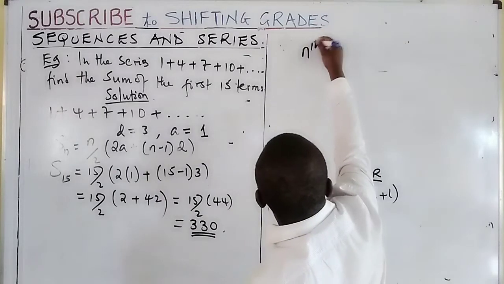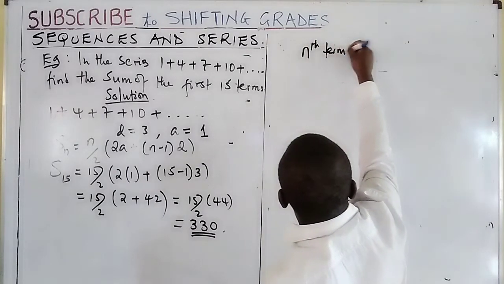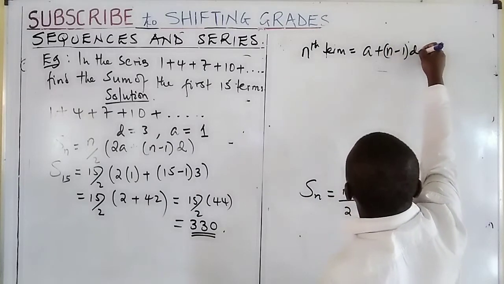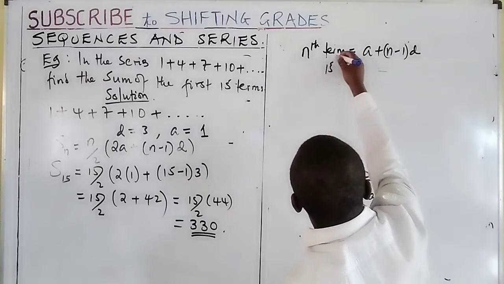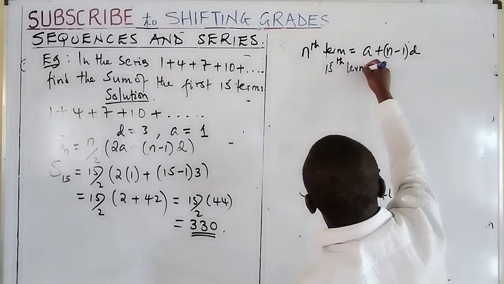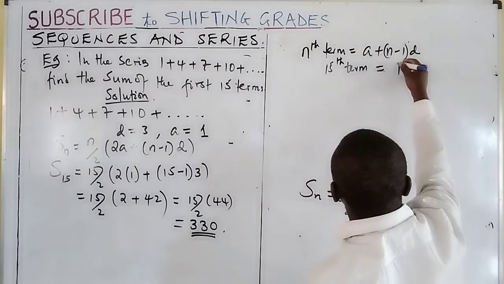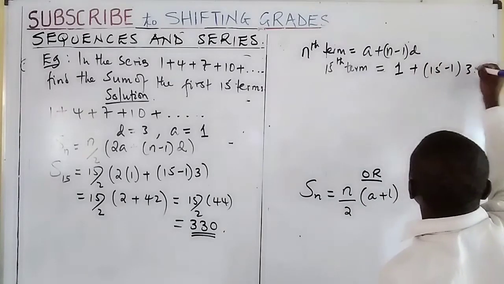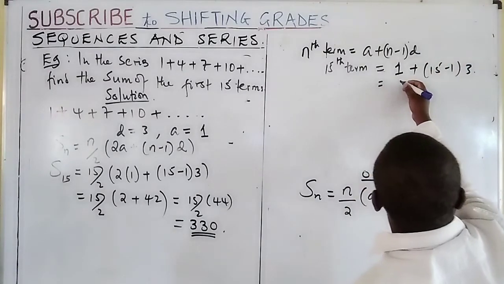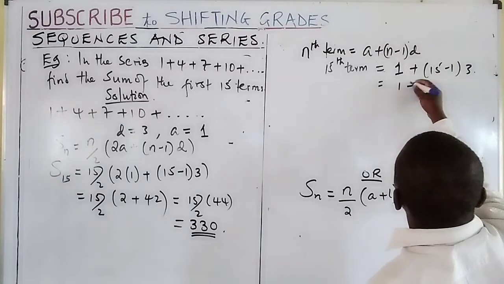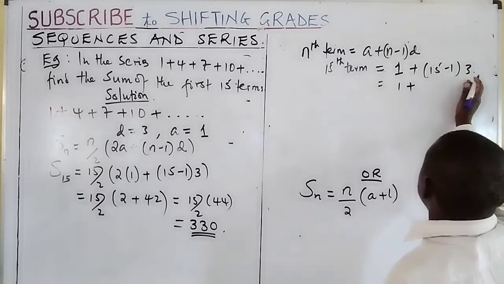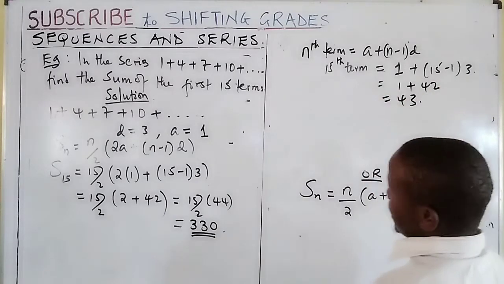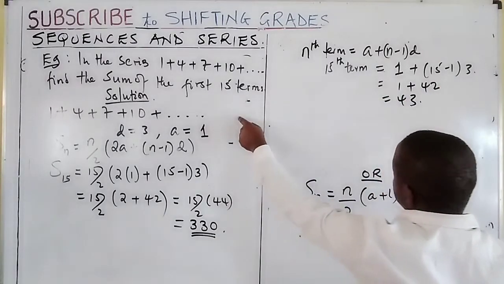The nth term is gotten by a plus n minus 1 into d, so the 15th term can be obtained by a, which is 1, plus 15 minus 1 into 3. This will be 1 plus 14 times 3, 42, which will be 43. Therefore the 15th term will be 43.